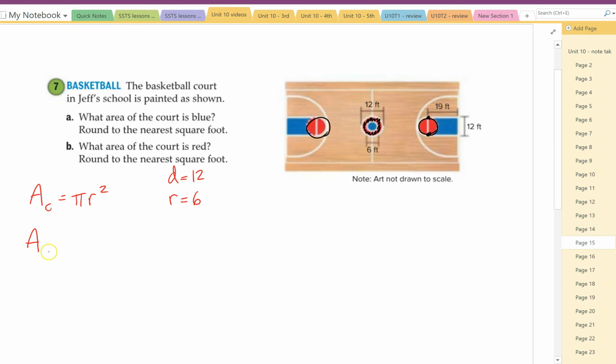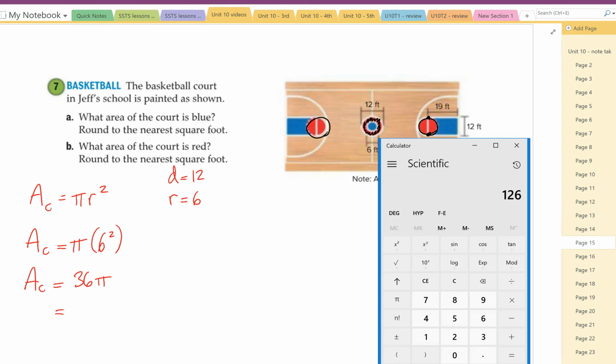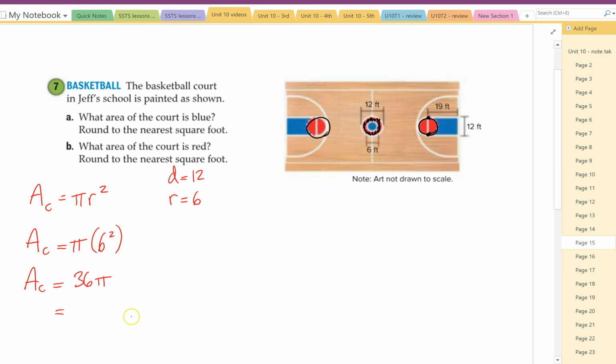Okay, so the area of the circle is pi times that radius squared. So the area of the circle is 36 times pi, which is 113.1. So that's the area of one of these red circles.